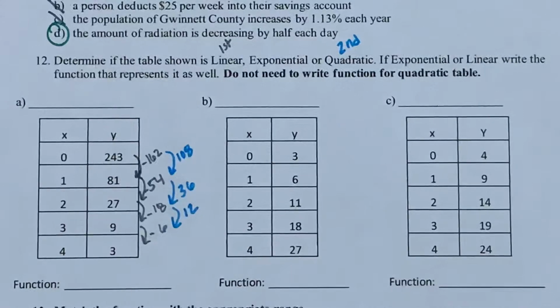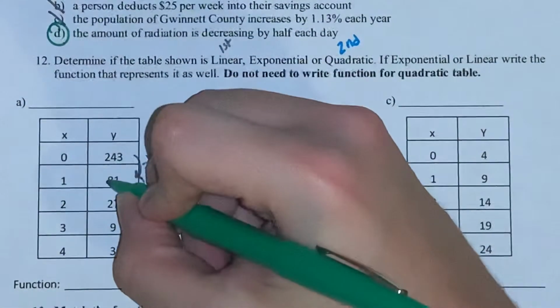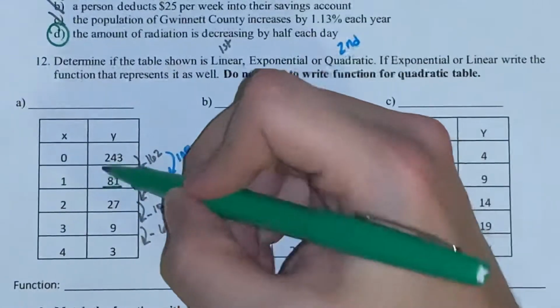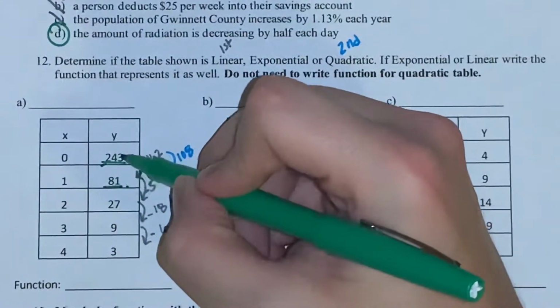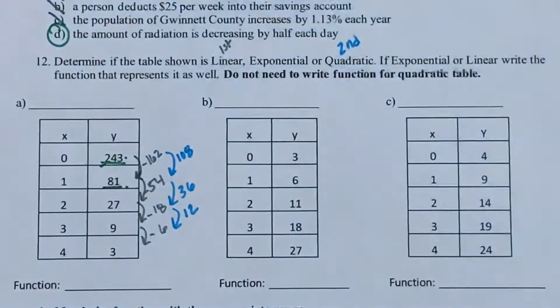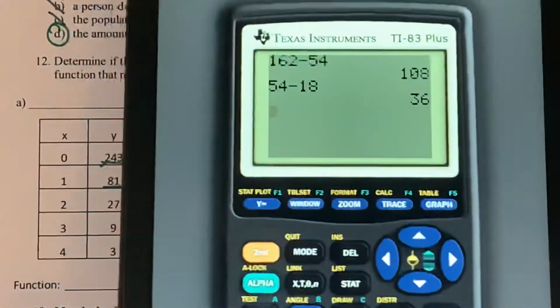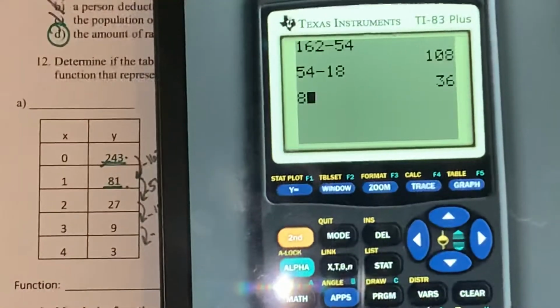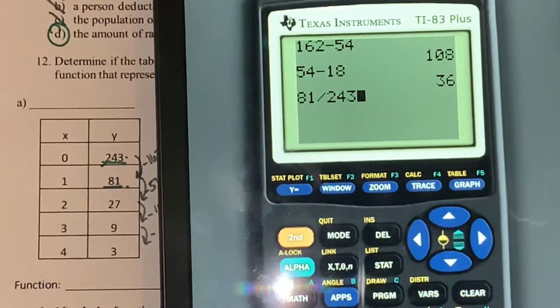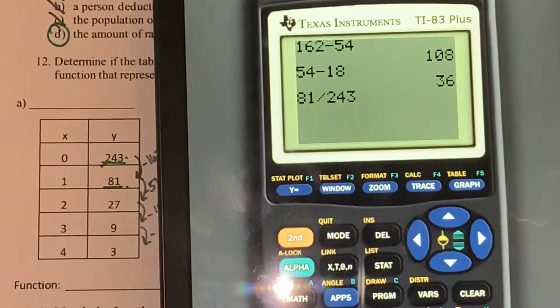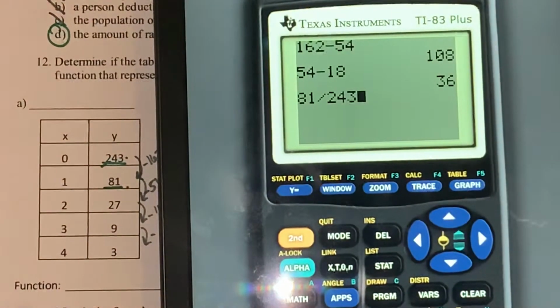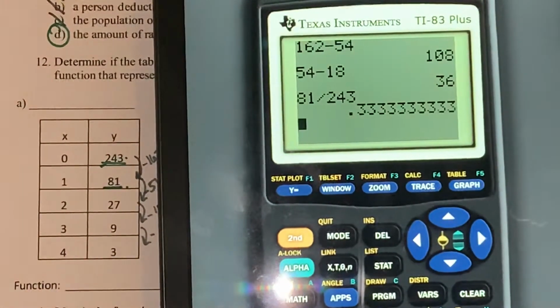So if it must be one of the three, then I'm pretty sure this is going to be exponential. But rather than just assume, I'm going to make sure that I can prove it. To find an exponential, you take the second term and divide it by the first. So 81 divided by 243 gives you this decimal.